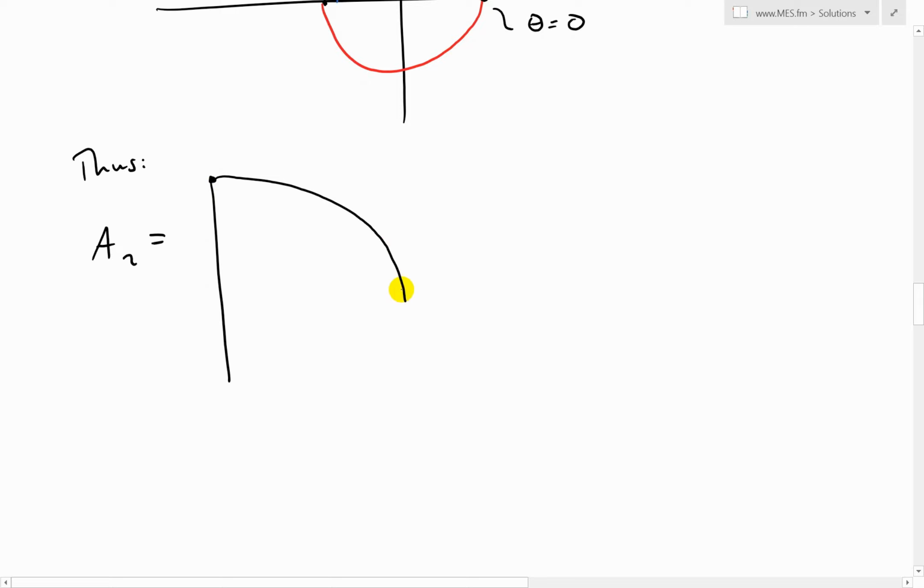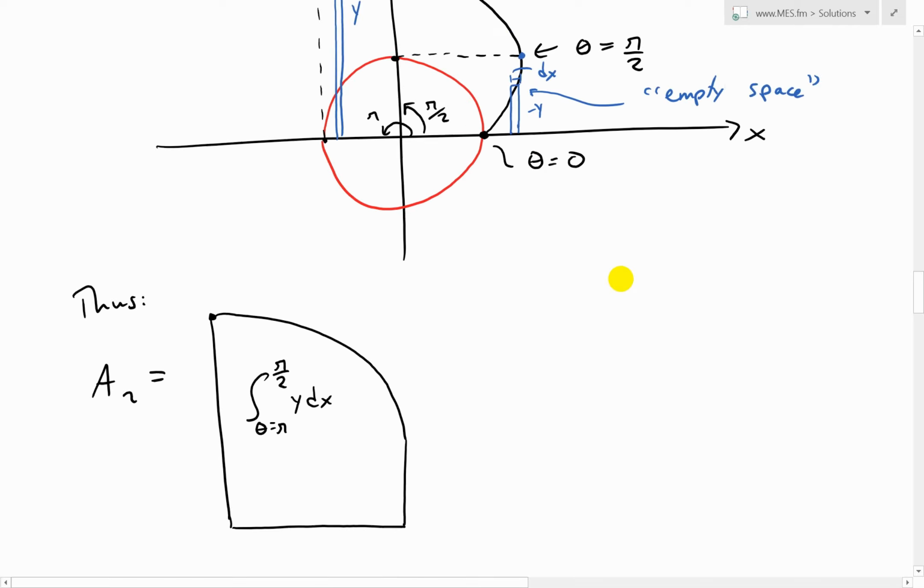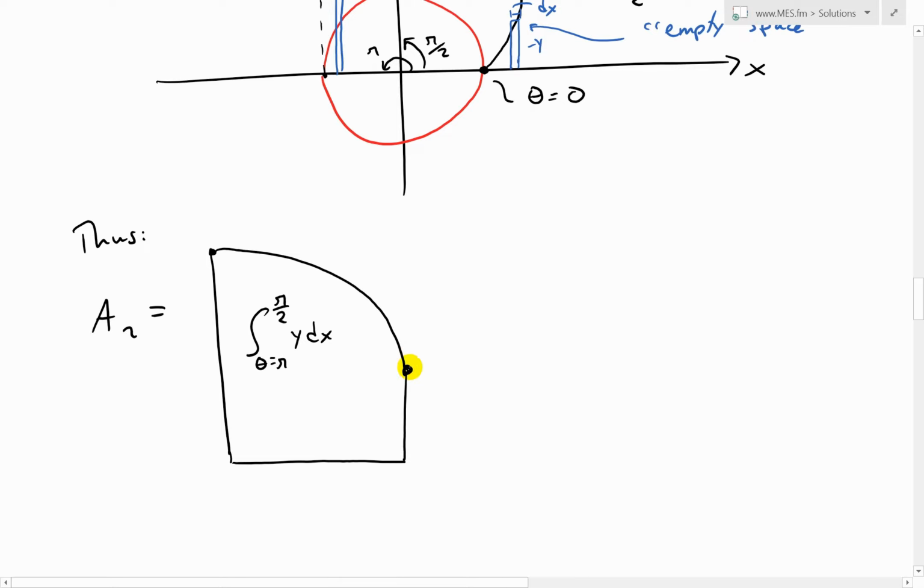And then at this point we have a vertical line down, and this is just the integral from theta equals pi up to pi over 2 of y dx. So that's this summation from here to here. This is at theta equals pi, and this is theta equals pi over 2, like that.